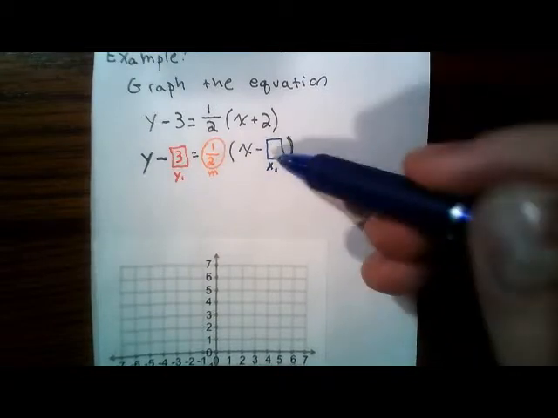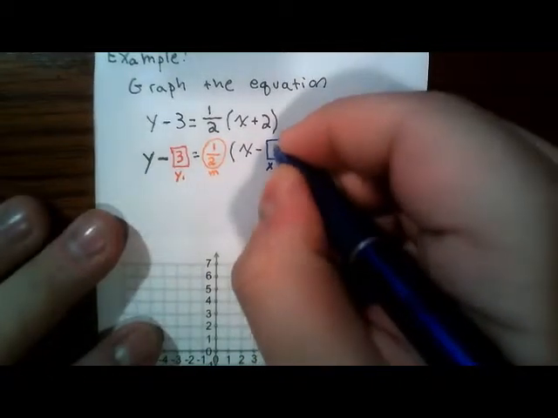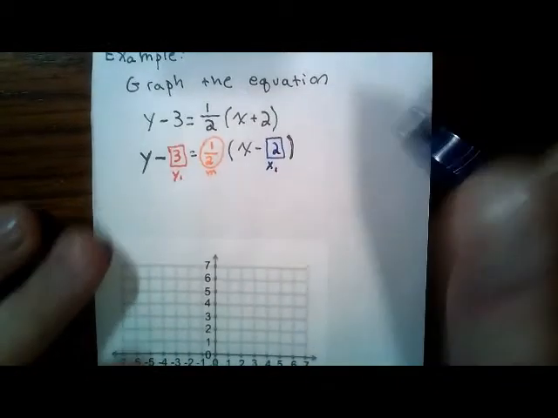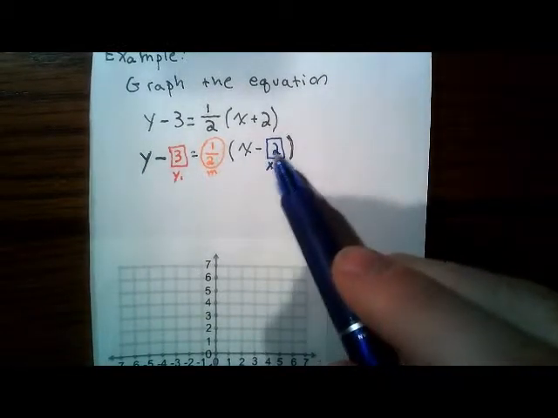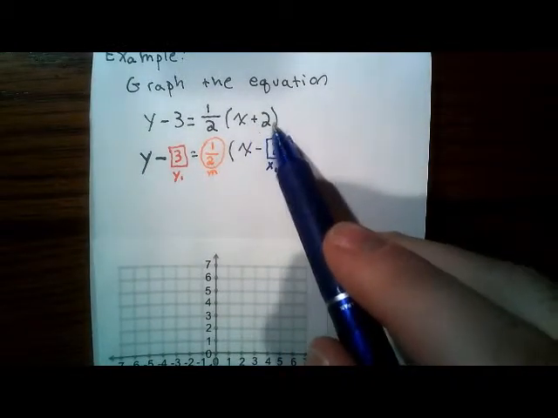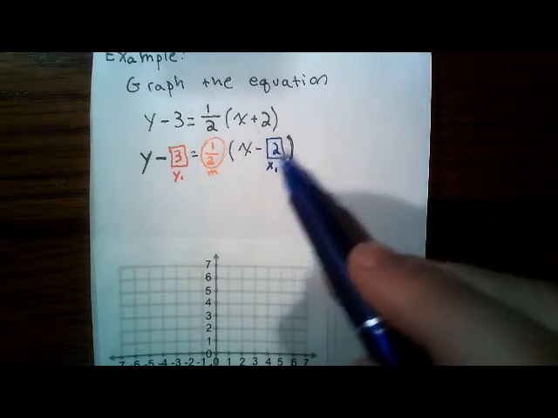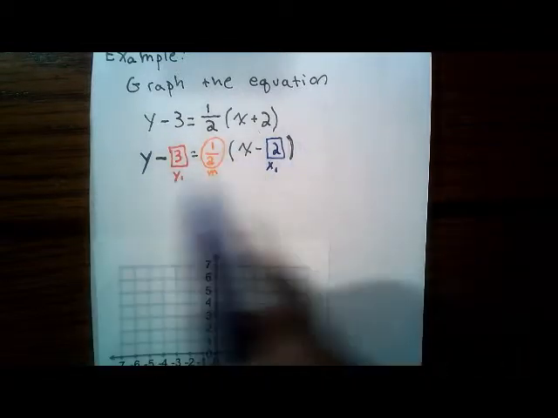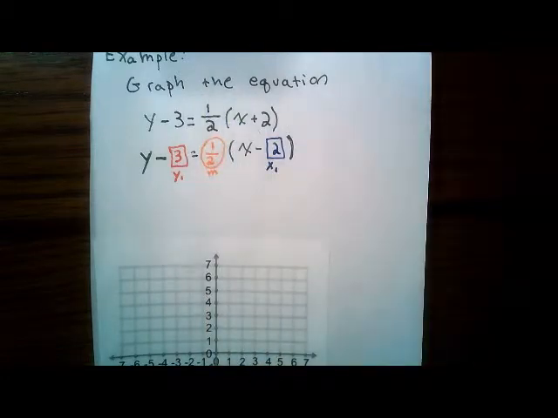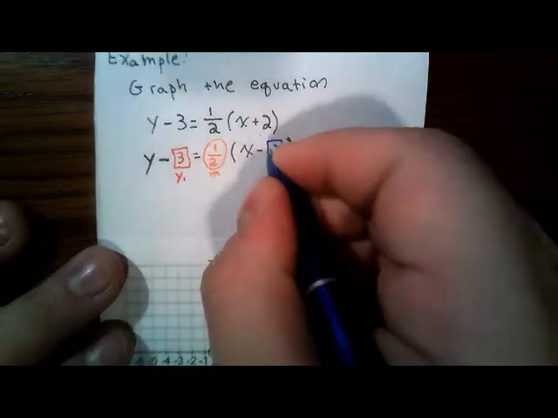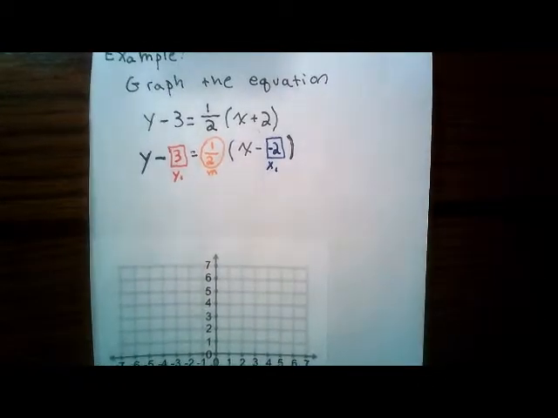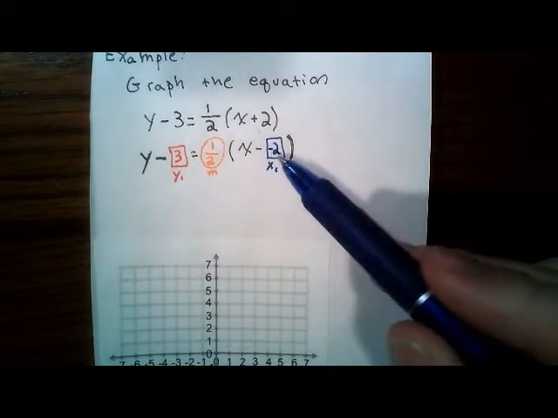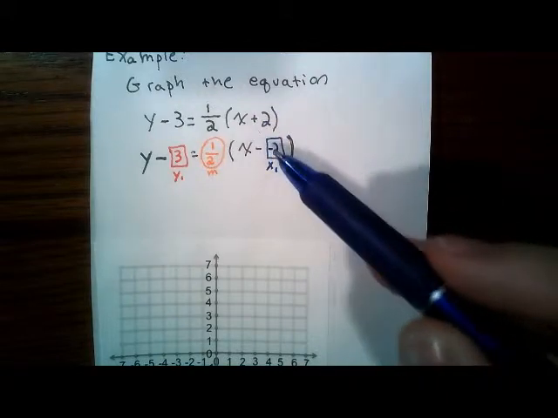So if I just put a 2 here, this is going to come out to be x minus 2, which is not x plus 2. So what can I do to make it so that when I were to write this without the boxes, I'd get x plus 2? And that's right, we need to make it a negative 2. X minus negative 2 is going to make it an x plus 2.